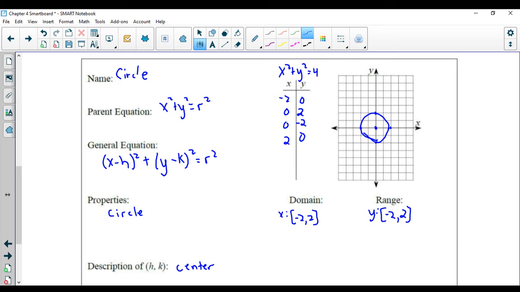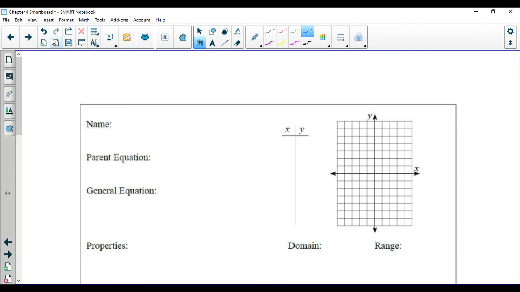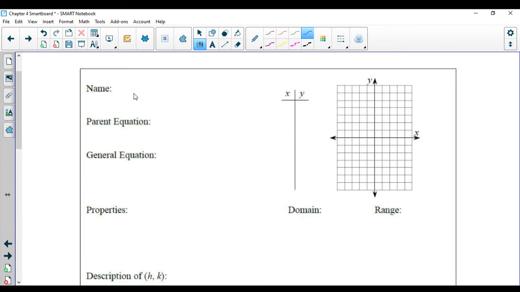All right, then we have one more to add here, and that would be the sleeping parabola.